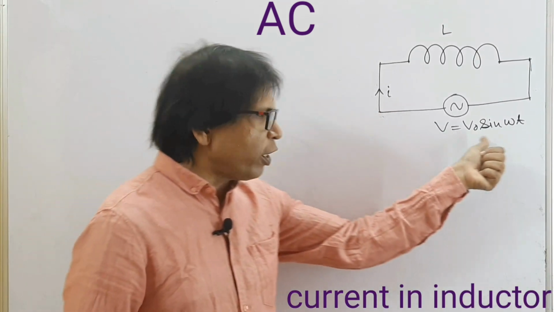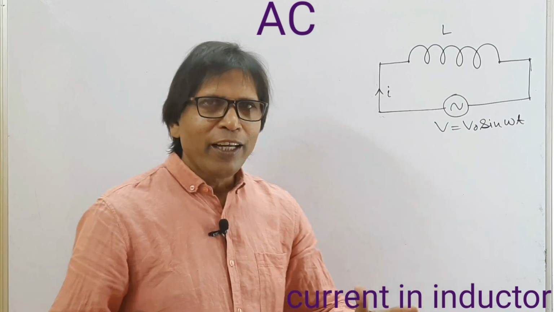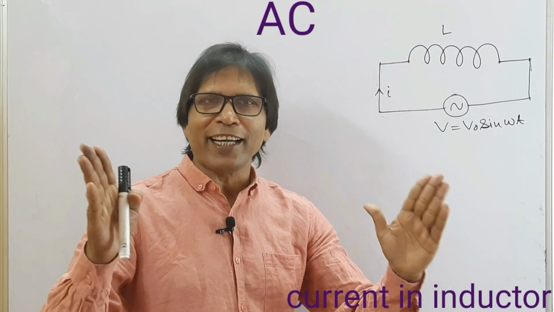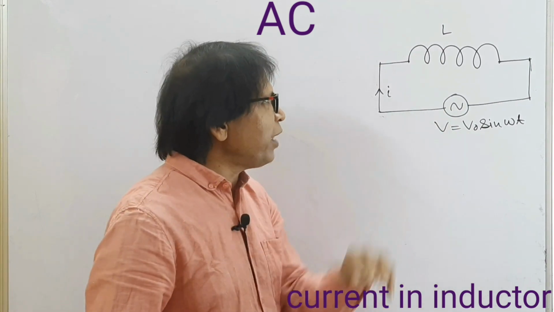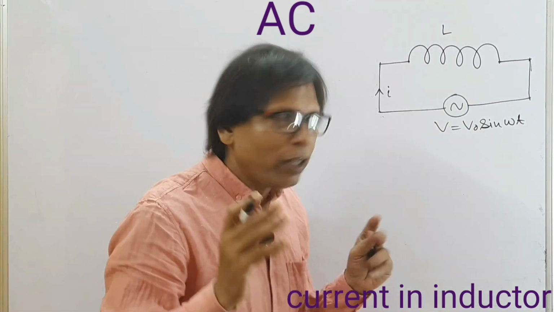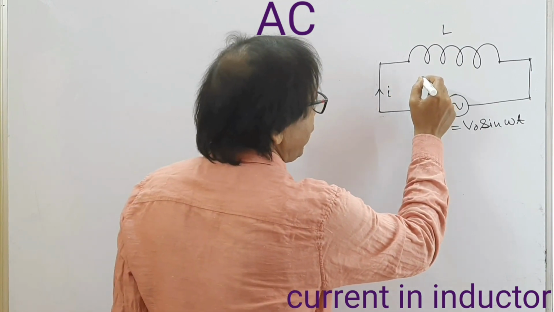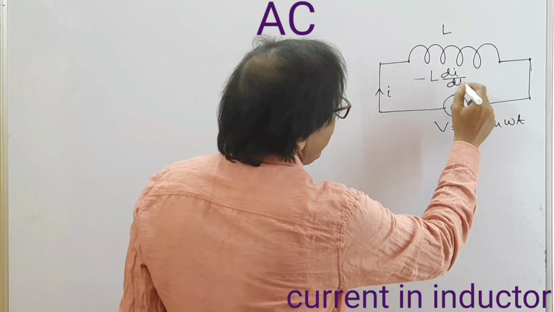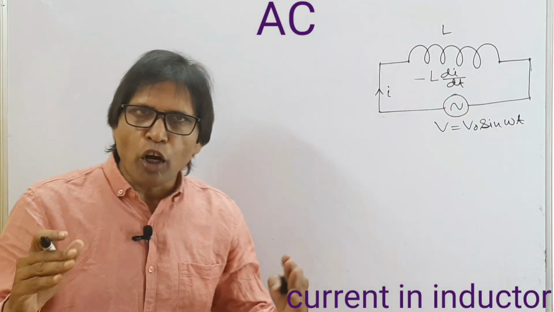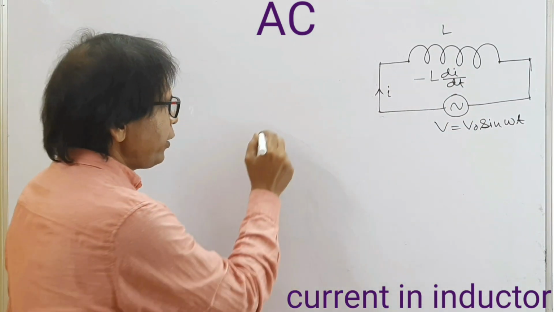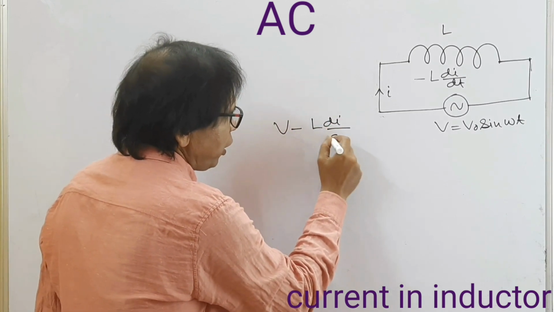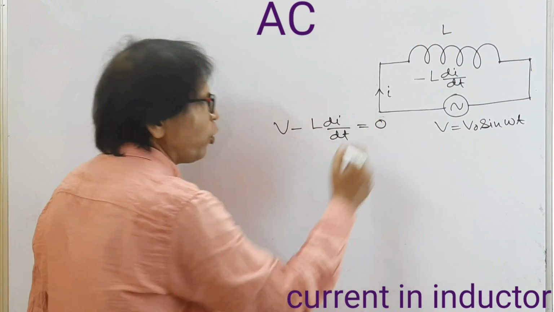Now look at this. V equal to V naught sin omega t is applied across an inductor of inductance L. If I be the instantaneous current, then the voltage drop in it is minus L di by dt. Now applying Kirchhoff's voltage law, this is V minus L di by dt equals 0.